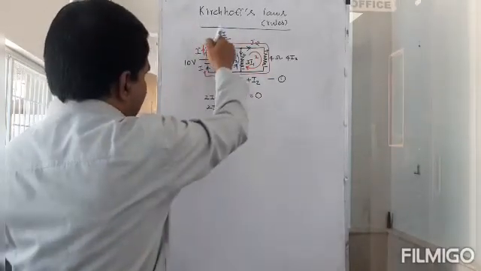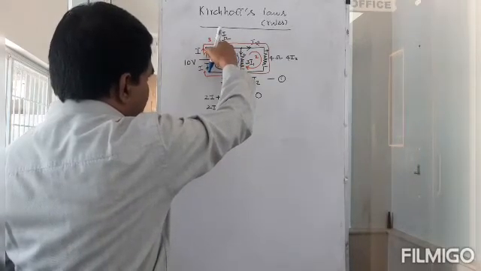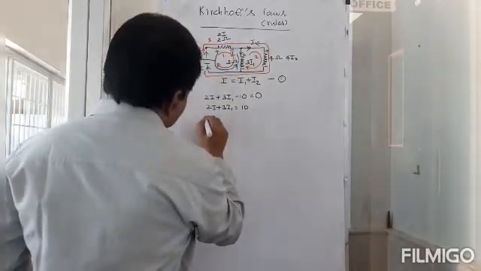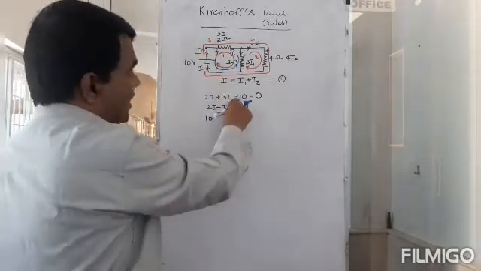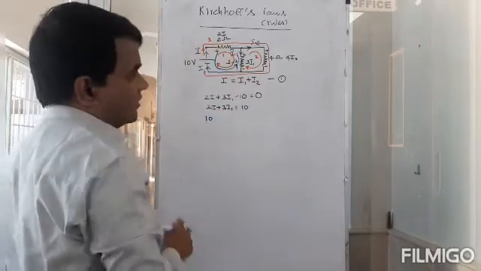So how do I enter here? As I do it, I'm entering the battery at the positive terminal. So it is plus 10. Notice I put minus 10 here when I did it the other way, but when I come like this, then it is plus 10.